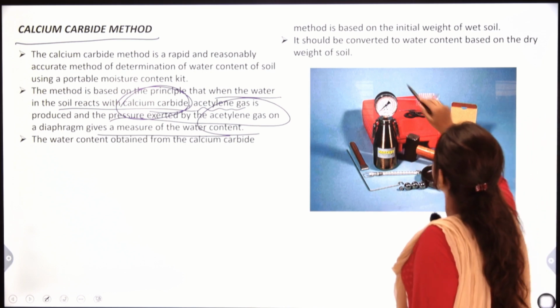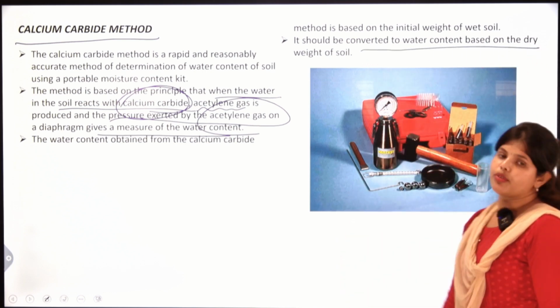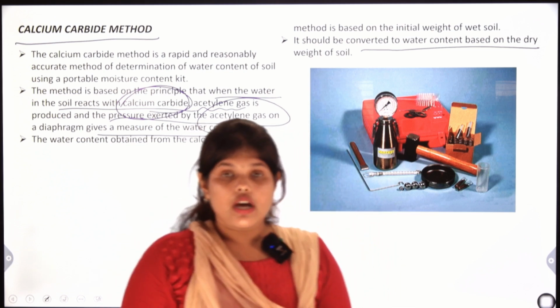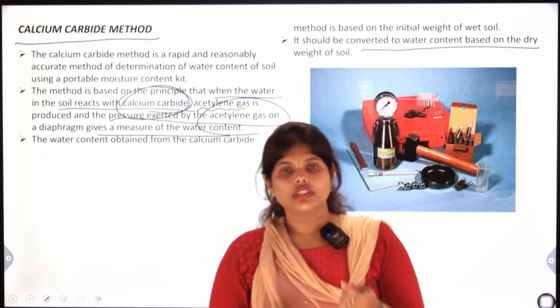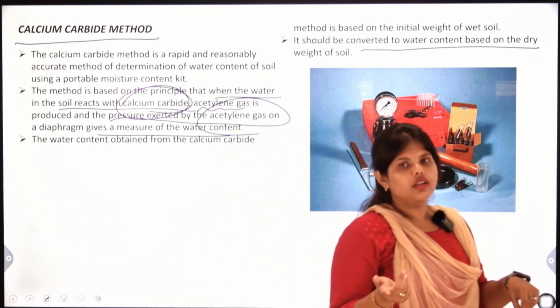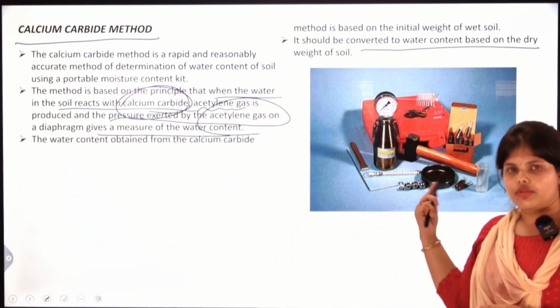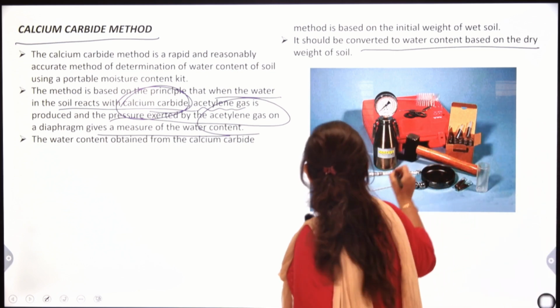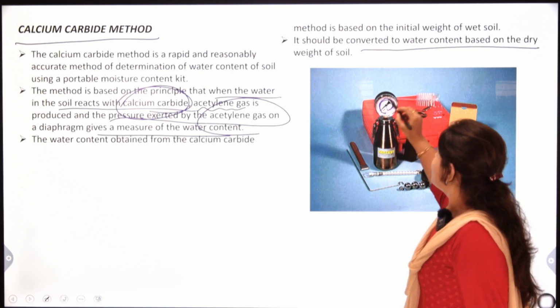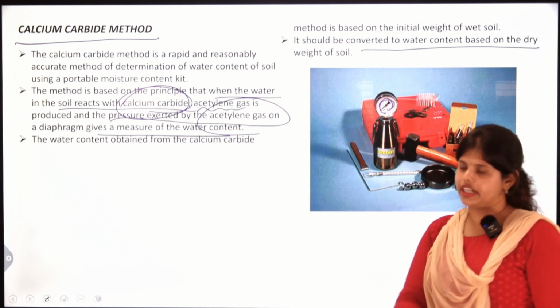It should be converted to water content based on the dry weight of soil. That means we will use our oven dry method, as we have our dry soil value and wet soil value. Also in this kit we will get the water content value.